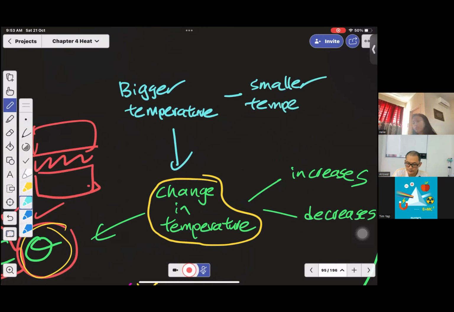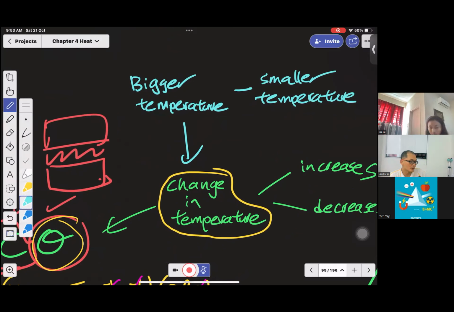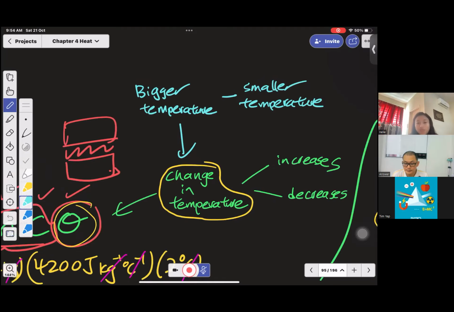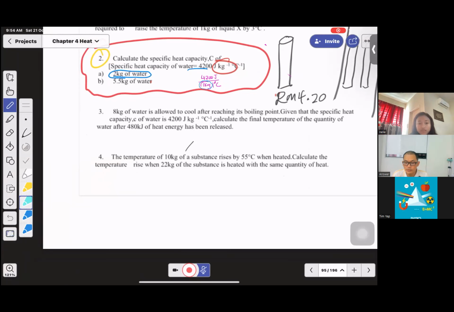Okay, is that clear? Even if we don't see which one is big, which one is small, you use a bigger minus a smaller. Okay, is that clear? Right. Okay, you try question number 3 and number 4. Try now.